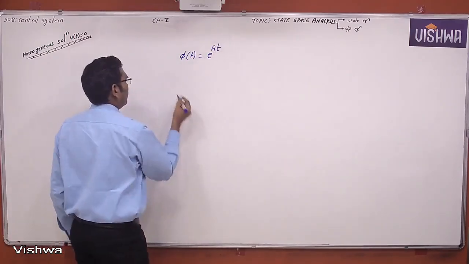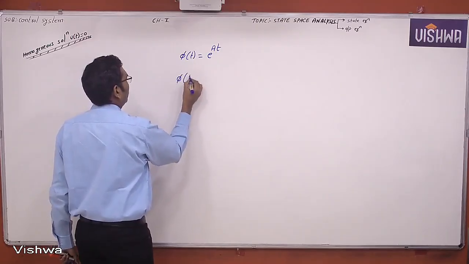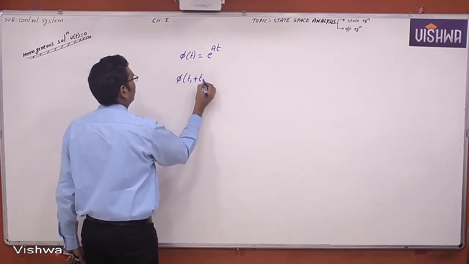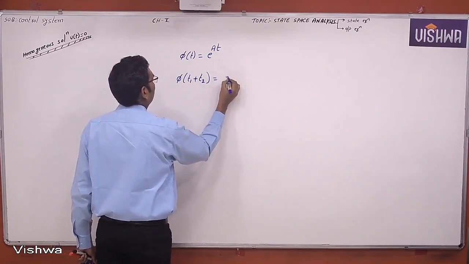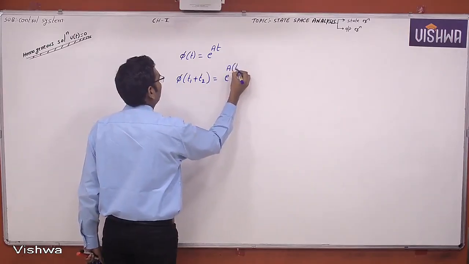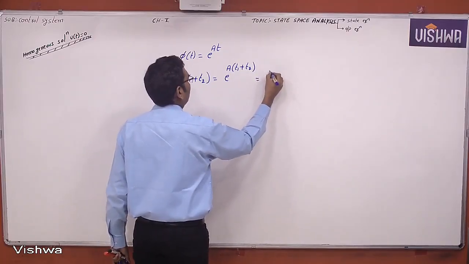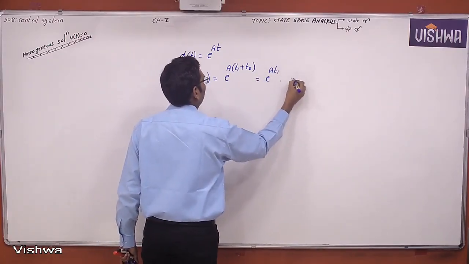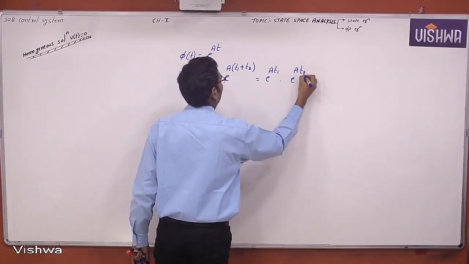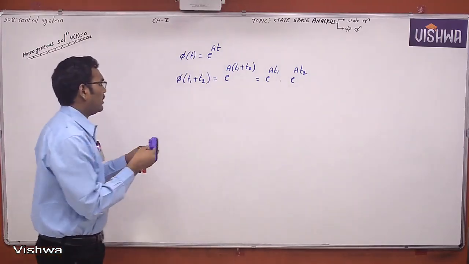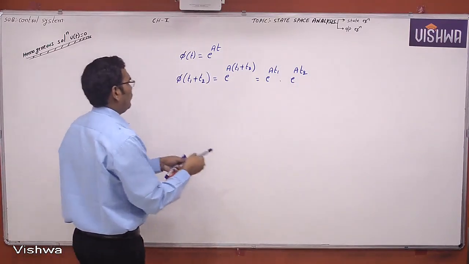Now see here, if I take pi of t1 plus t2, which is nothing but e power a into t1 plus t2. So we can write like this, e power a t1 into e power a t2. So this we can write like this, right? Now what is this?